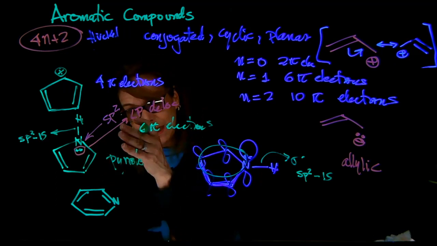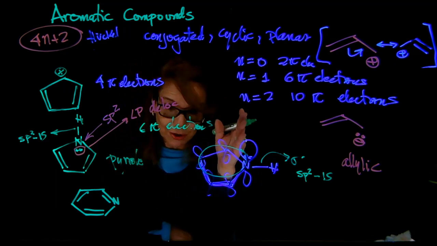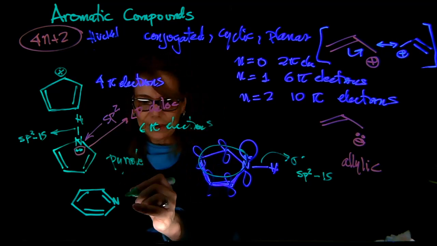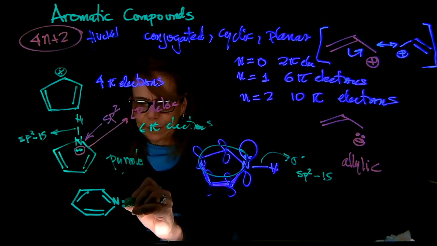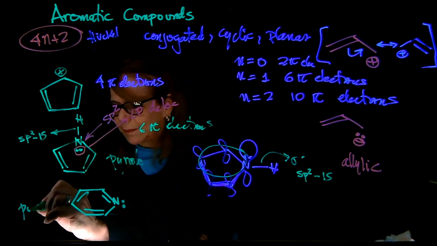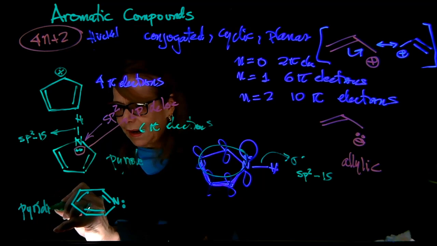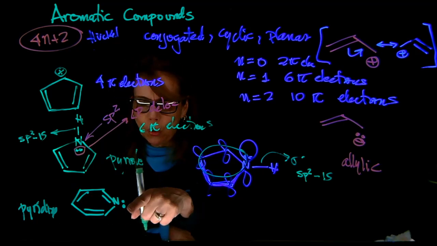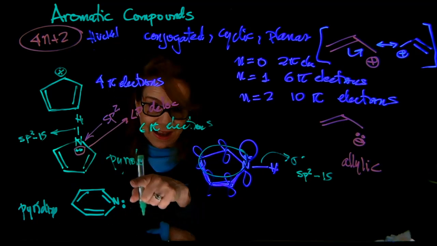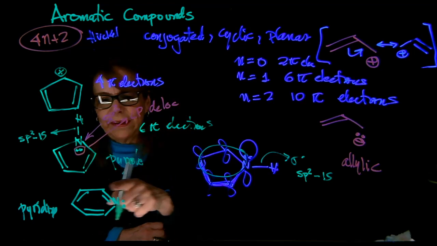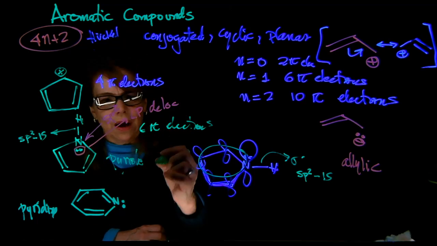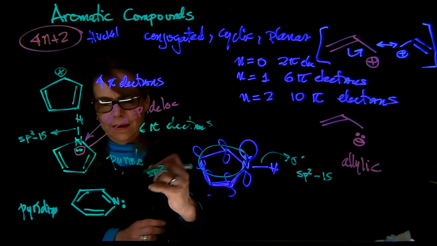It could be nitrogen, oxygen, or sulfur. So that's another heterocyclic compound. Pyridine has the following structure. So do we count those electrons or not? Here we notice that all of the atoms are sp2 hybridized.